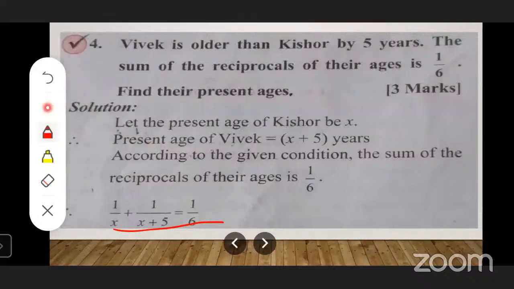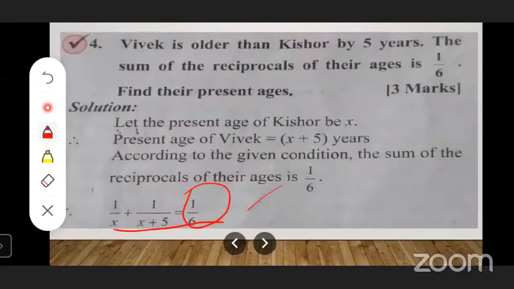So this sum of the reciprocals of their ages is nothing but 1 upon 6. You will write this condition in this form: 1 upon X plus 1 upon X plus 5 is equal to 1 upon 6. Let us further simplify this in the next slide.